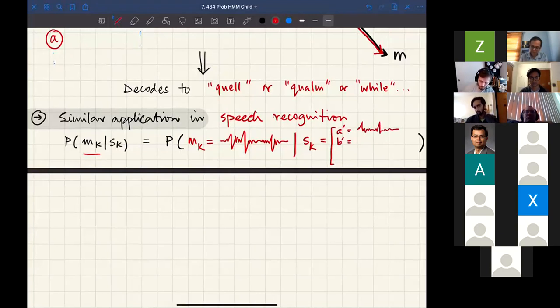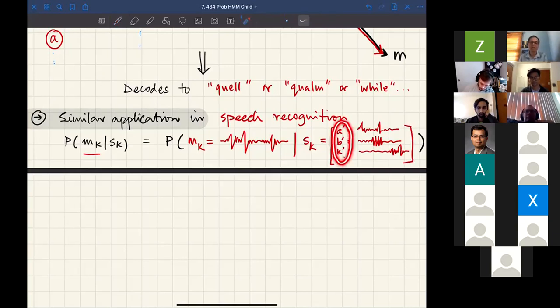B, that might be some signal like that. K, that might be some signal like that, and so on. These are called phonemes. Basically, these are the building blocks for all the pronunciations you make.